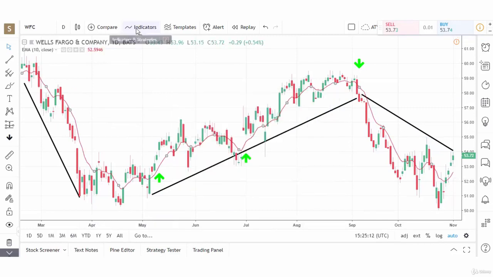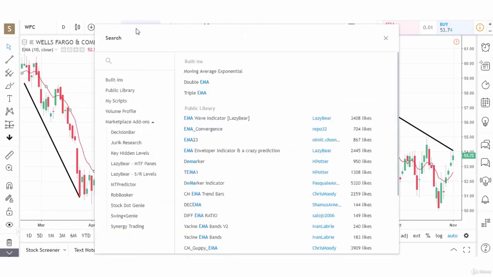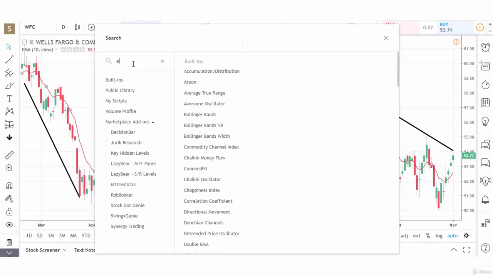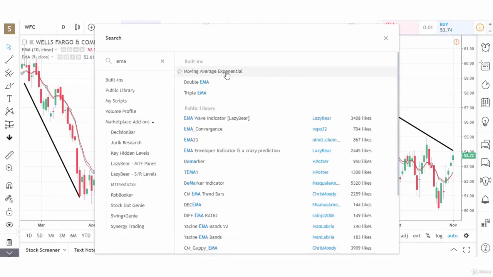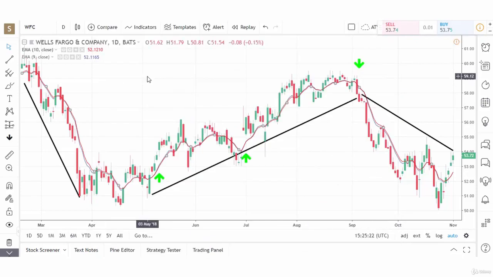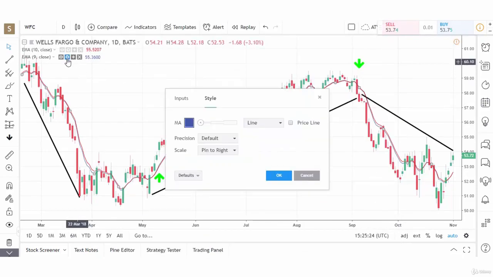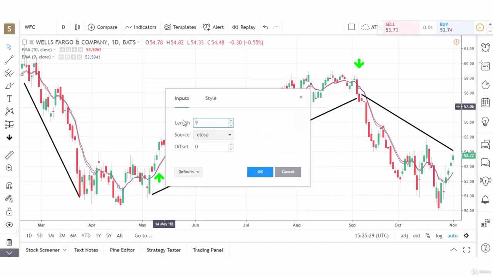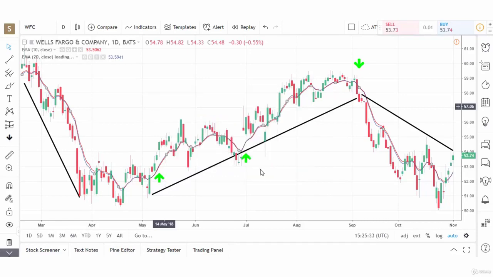We're going to add another EMA. So go back to Indicators, type in EMA again, click on Moving Average Exponential, and for our second EMA, which is going to be blue, we're going to make that a 20-day EMA.